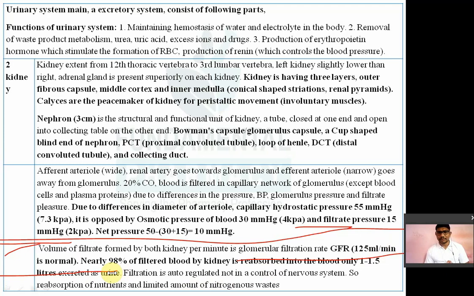98% of the filtered blood by the kidney is reabsorbed. I have already told you, if you take 100% of the blood being filtered by the kidney, out of that 98% filtered through the glomerulus is reabsorbed, and only 1 to 1.5% is excreted as urine. So if 100 ml of blood is filtered by the kidney, from the glomerulus, then 98 ml is taken back into the body through the capillary network.